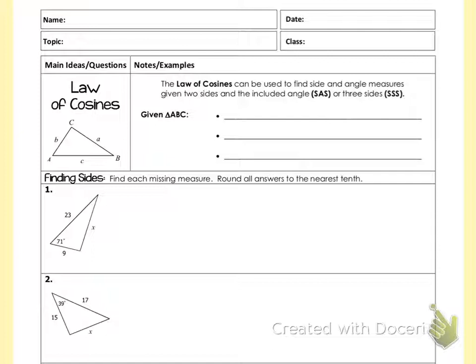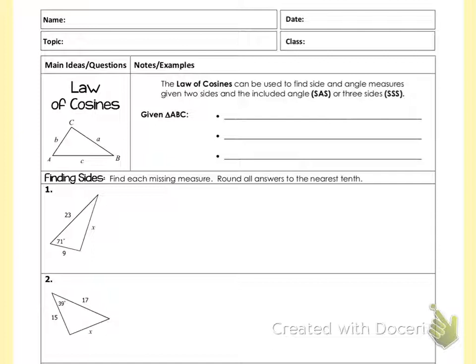So let me remind you, in our most recent lesson we learned the law of sines, a relationship that you can use in any triangle, even right triangles, although we rarely will use them for right triangles because we have the sine, the cosine, and the tangent.